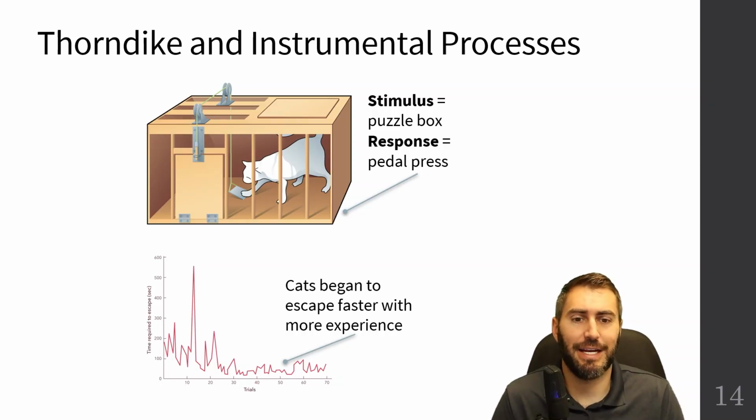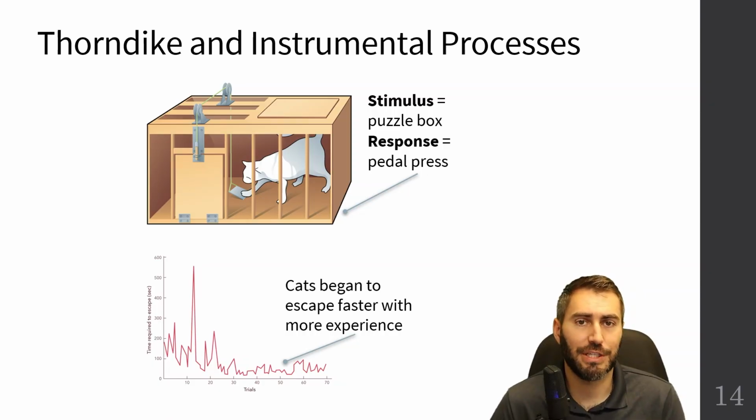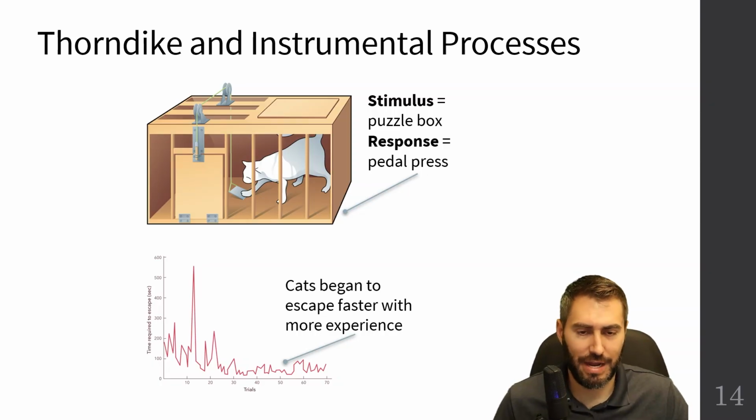The idea was that a cat was placed into a box that had some kind of puzzle or some sort of solution that needed to be addressed in order for it to get out of the box. Over time, it might take cats longer in the beginning to figure out how to get out, but as time progresses, that time decreases and cats can get out of the box faster and faster.